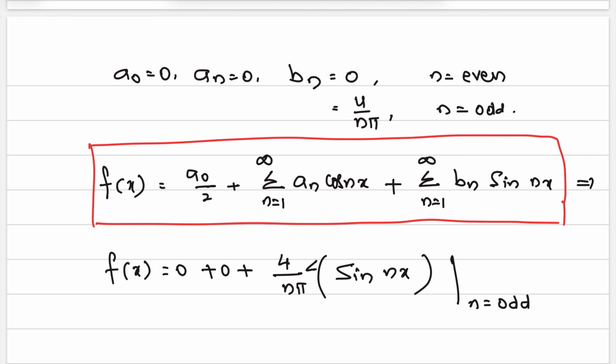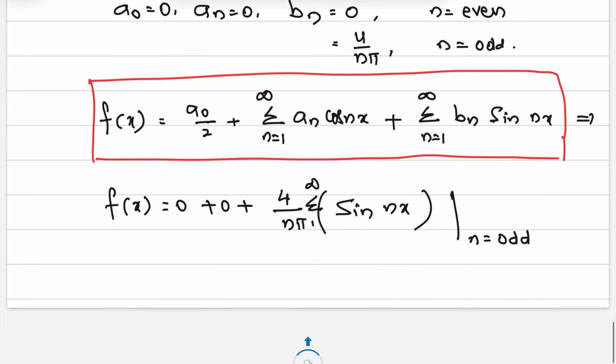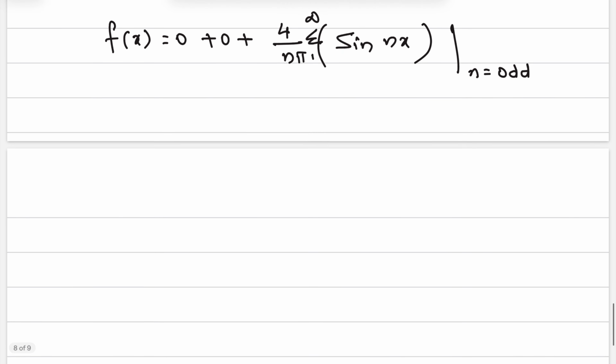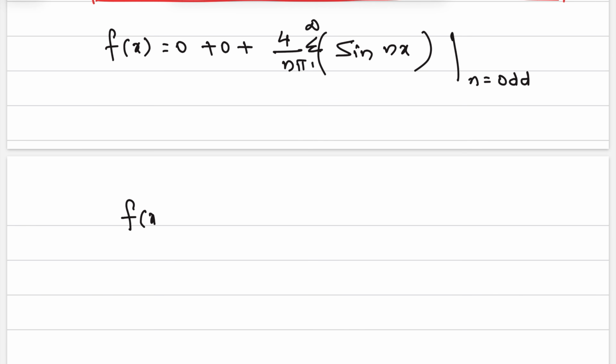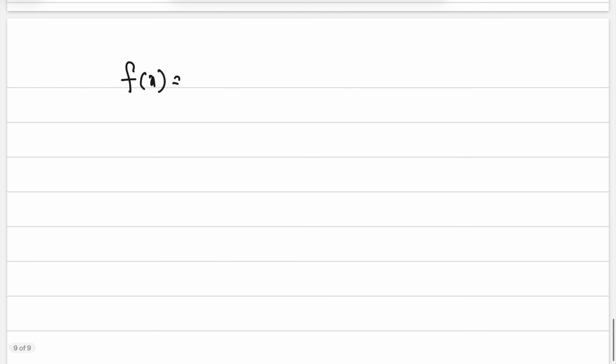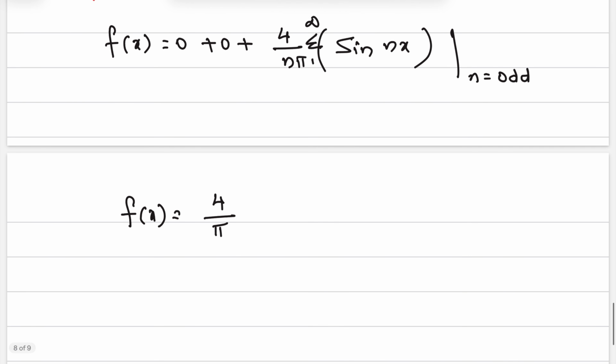This is sigma n is equal to 1 to infinity. That shows function x is equal to 0 plus 0 is 0, 4 by pi. N pi also comes inside because n pi also will have sigma.